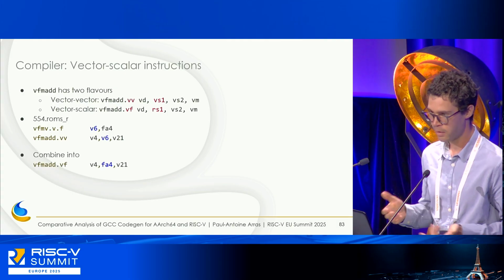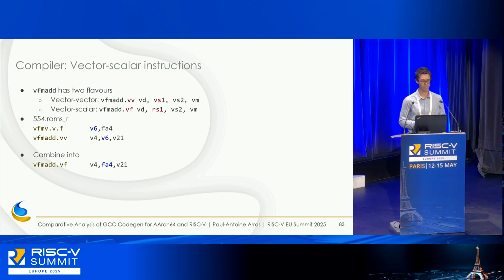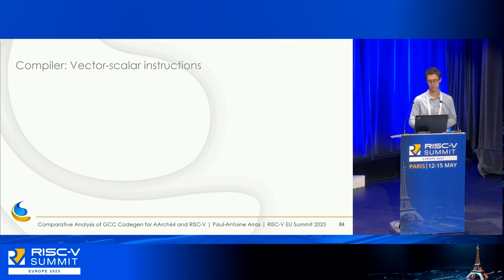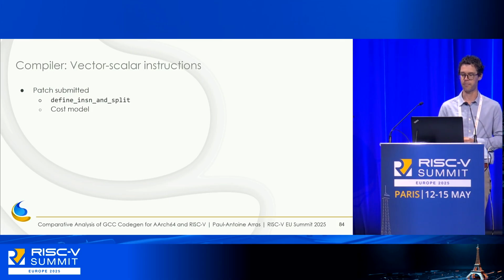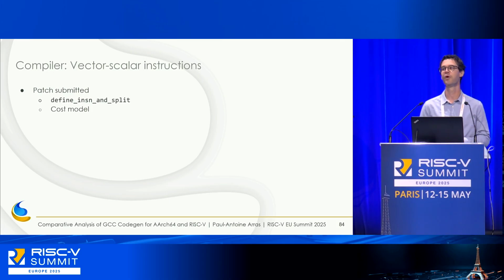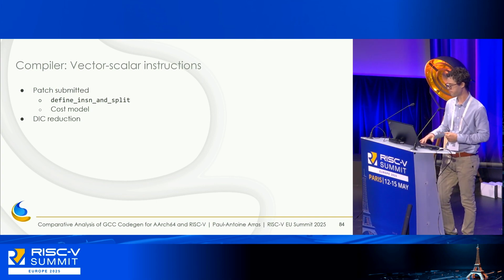So here, obviously, we would like to combine those two instructions into a VFMADD.VF this time, from which we would directly use the content of the register FA4 rather than having to resort to a move. So I submitted a patch to the GCC mailing list for that. This patch comprises a new instruction pattern for GCC to be able to generate the code, and also a new cost model.